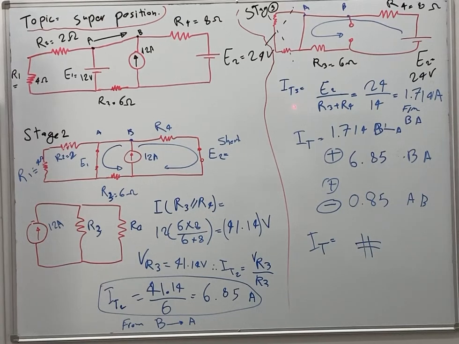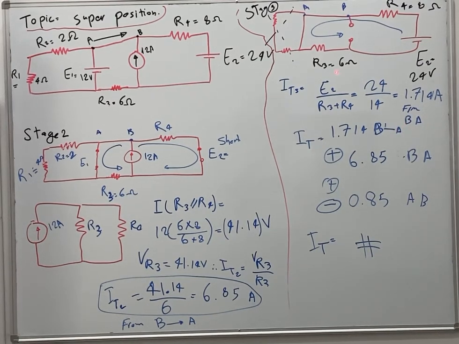I total 3, which is the current through here, the blue current, will be E2 divided by the sum of R4 and R3. So it will be E2 divided by R3 plus R4, so 24 divided by 6 plus 8. 6 plus 8 will be 14. So this current will be 1.714 ampere from B to A.